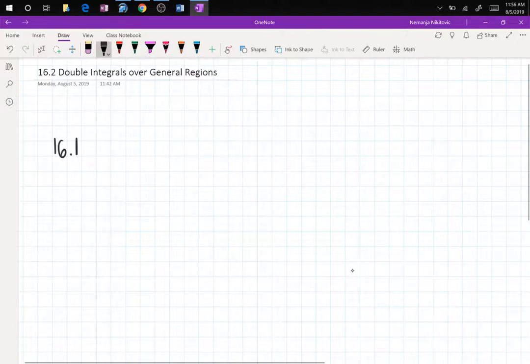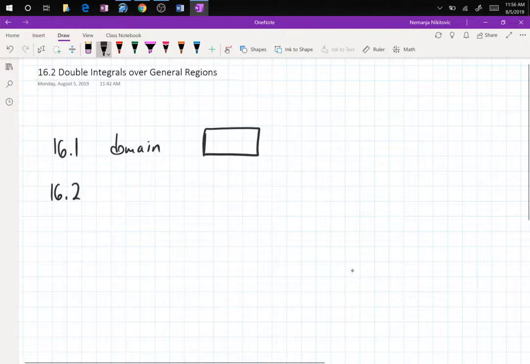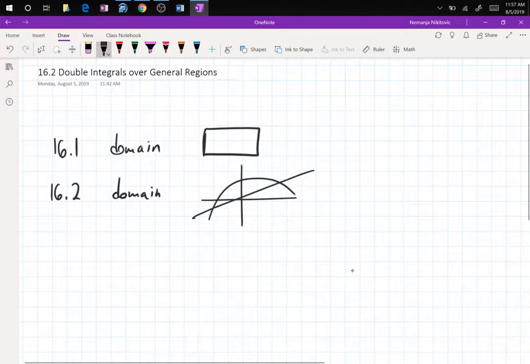So in 16.1, the domain was a rectangle. In 16.2, the domain might be bounded by a function, let's say g, and a function h.